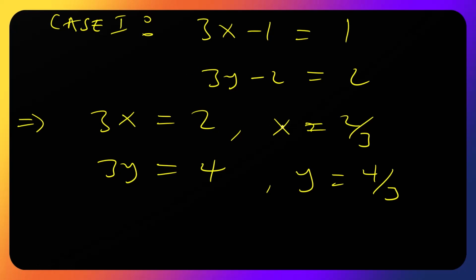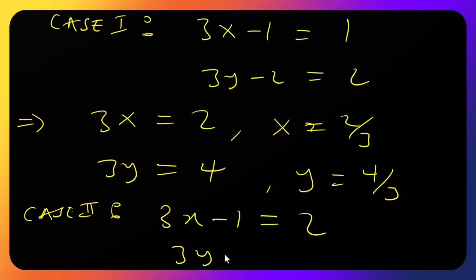Now, let's look at the next option. That will be case 2. Case 2 will be opposite. So 3x minus 1 equals to 2, then 3y minus 2 equals to 1.